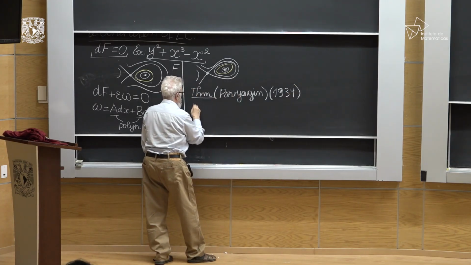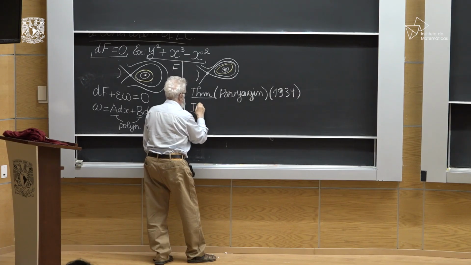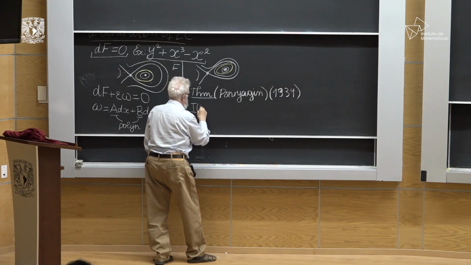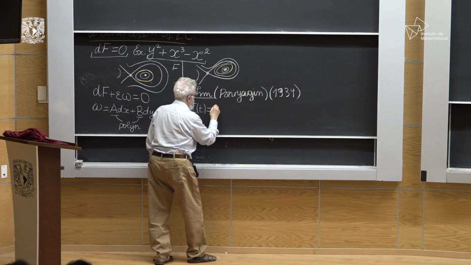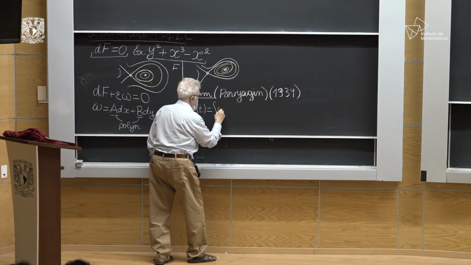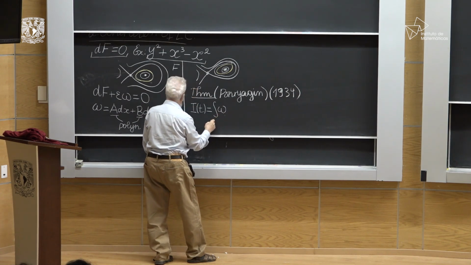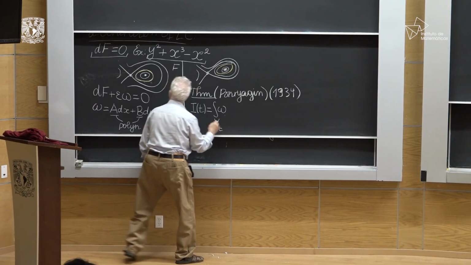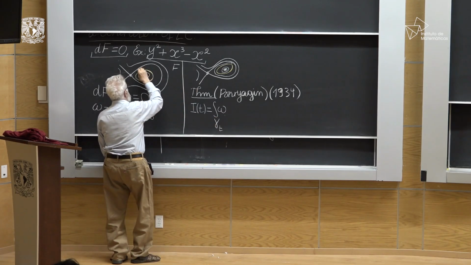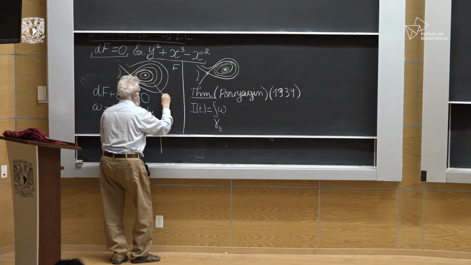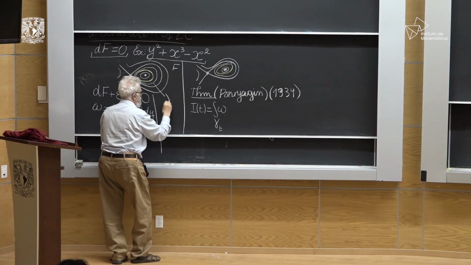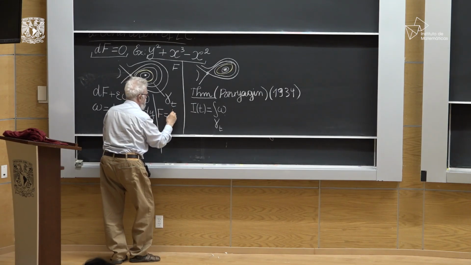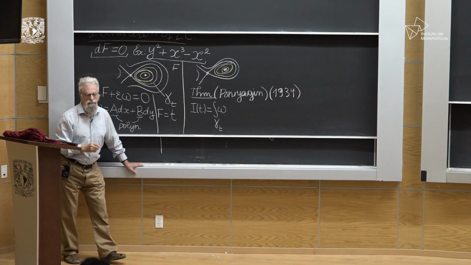You have to compute a function I of t, which is an integral of the form omega over the oval gamma t. The oval gamma t is the oval, the component of the curve H equals t.